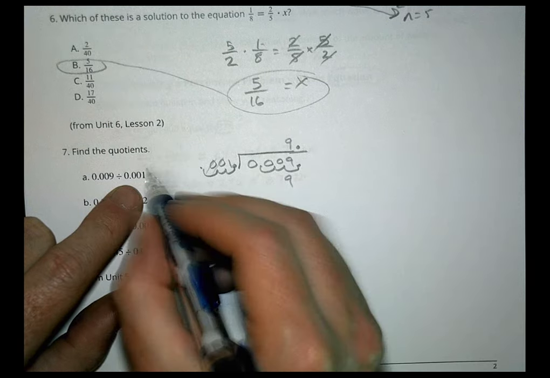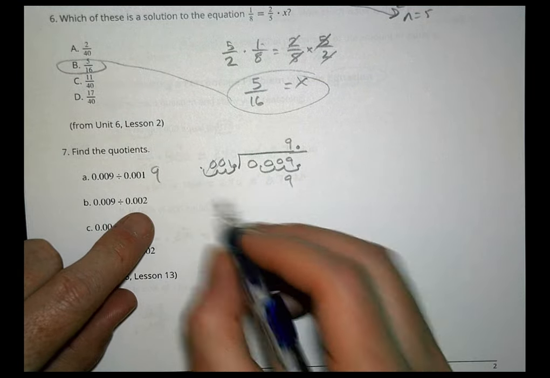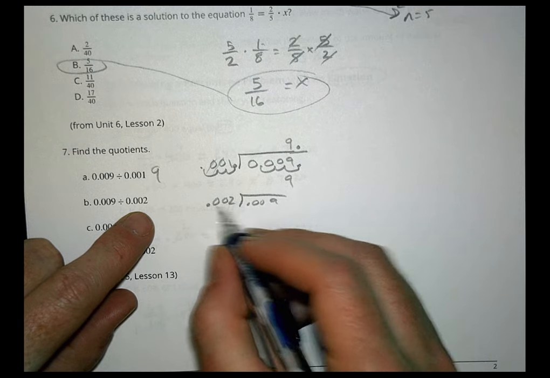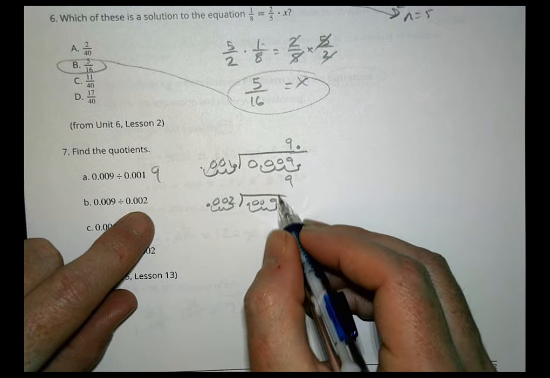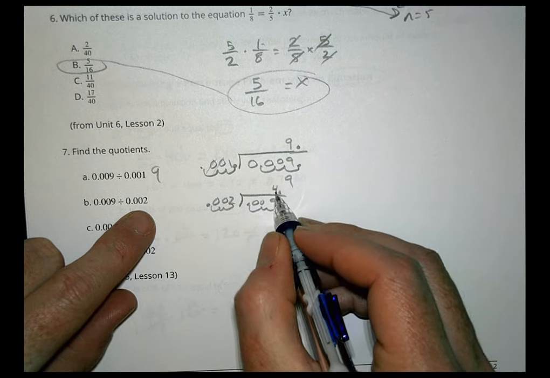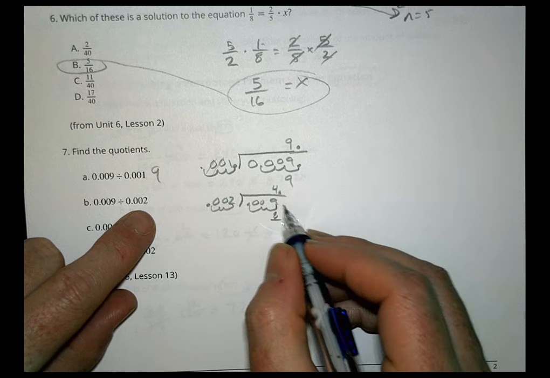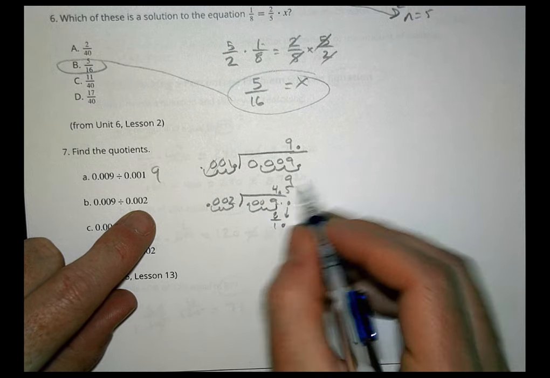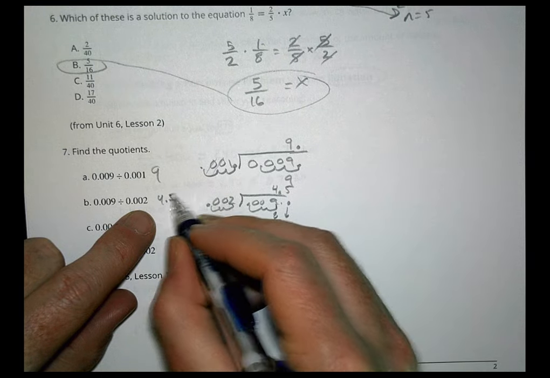So our answer is 9. The next one, 0.009 divided by 0.002. Move it over 3, move it over 3, right away. 2 goes into 9 4 times. 4 times 2 is 8. We subtract, bring down a 0. 2 goes into 10 5 times, so we end up with 4.5.